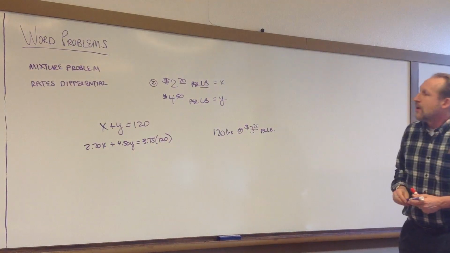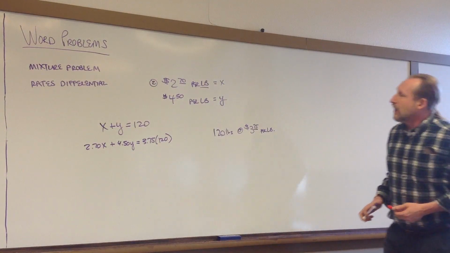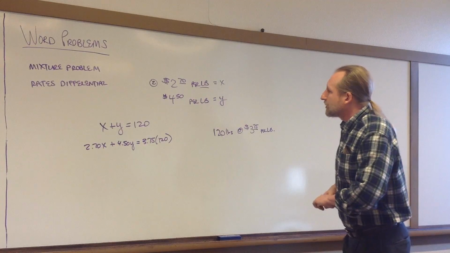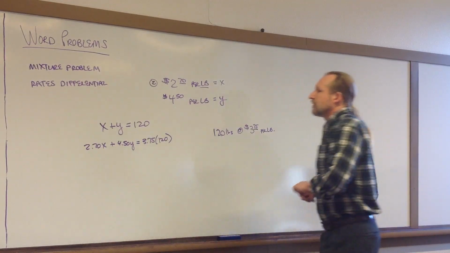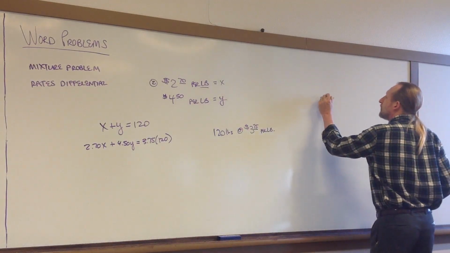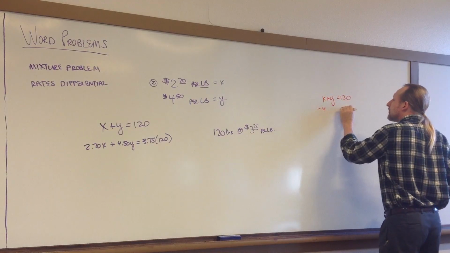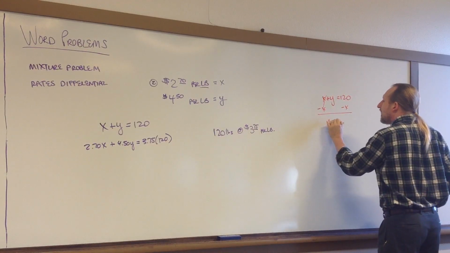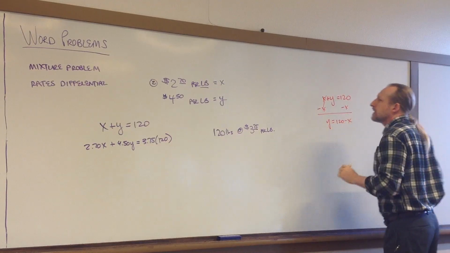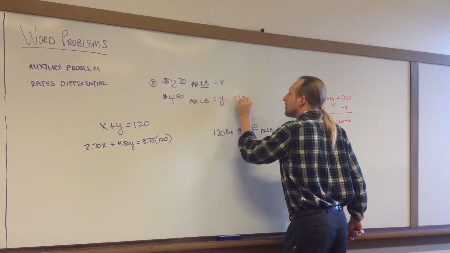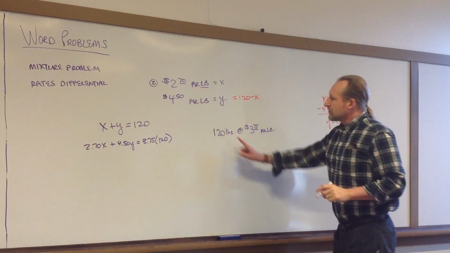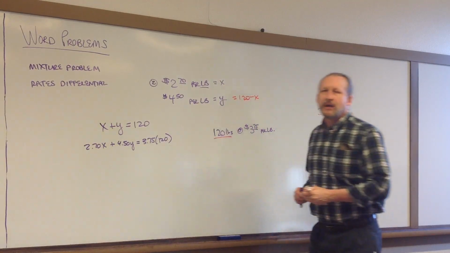All right? Okay, now, the other way of doing this is just to skip past the x plus y equals 120, right to y equals 120 minus x. Right? You see we've got a total of 120 pounds of cookies.